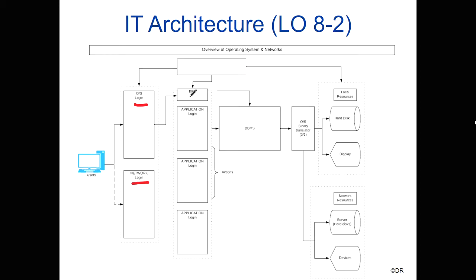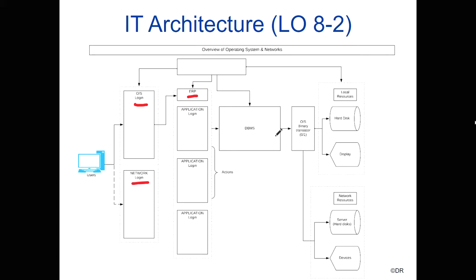Let's say there's an ERP that you sign into, and so you're going to have different applications within the ERP system that you would be able to get access to based on your sign-in. Those applications are where you're going to be doing actions, like creating purchase orders or paying off invoices, things of that nature.